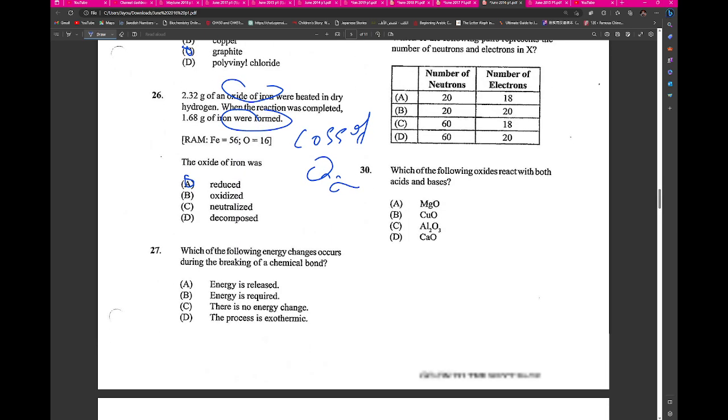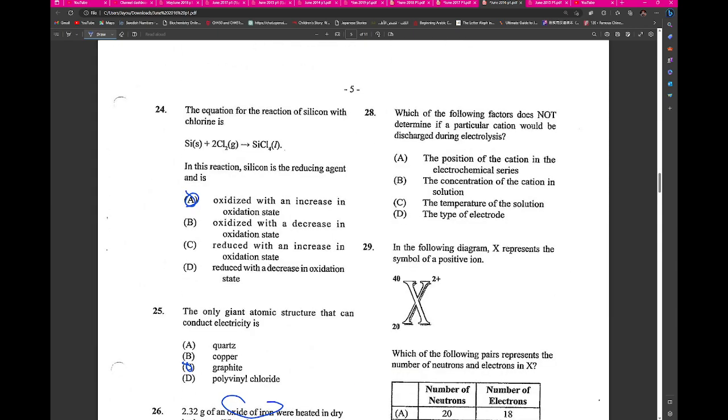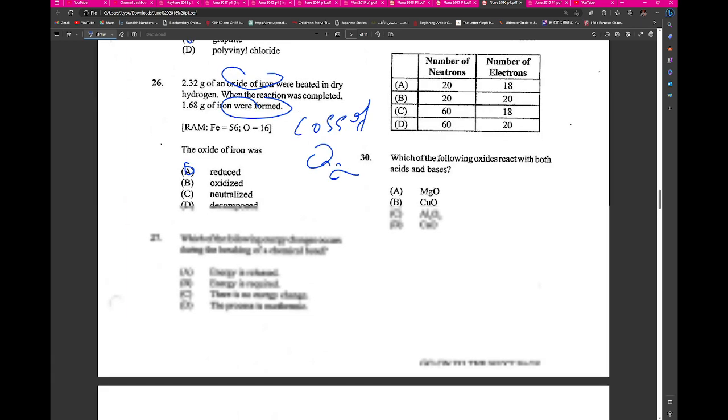Which of the following energy changes occurs during the breaking of a chemical bond? So in breaking, energy is required to break a bond, right? Let me see something. Well, energy changes.